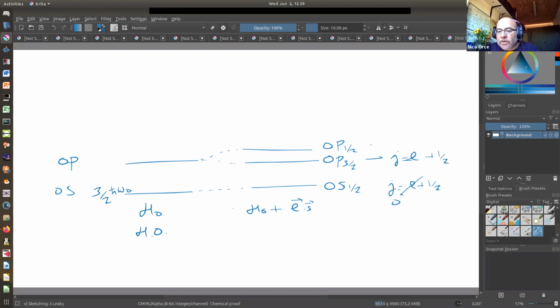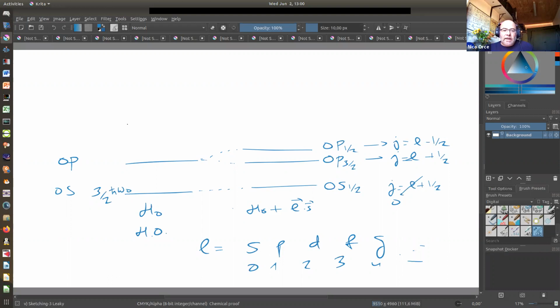The next one corresponds to J equal L minus 1/2. Well, L in this case is equal to 1, right? Because remember S, P, D, F, G, H, I. So this is L, and this is 0, 1, 2, 3, 4, and so on and so forth, right?